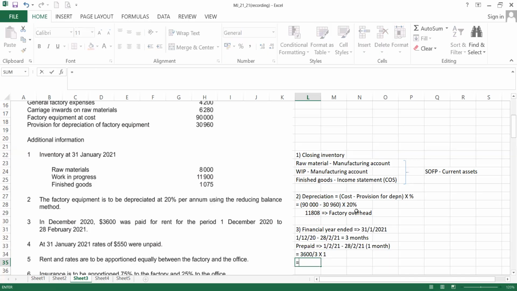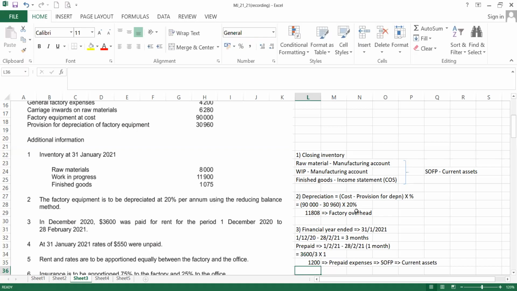So this is a prepaid amount, prepaid expenses. Prepaid expenses at the end of the year will be sitting under the statement of financial position under the current asset.